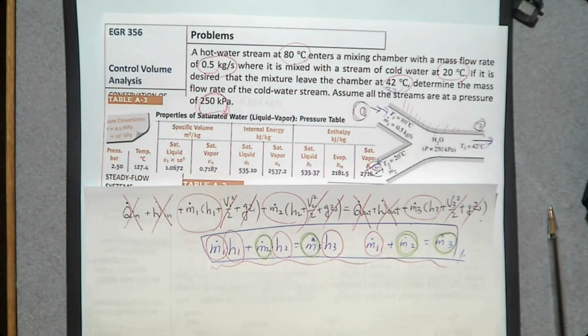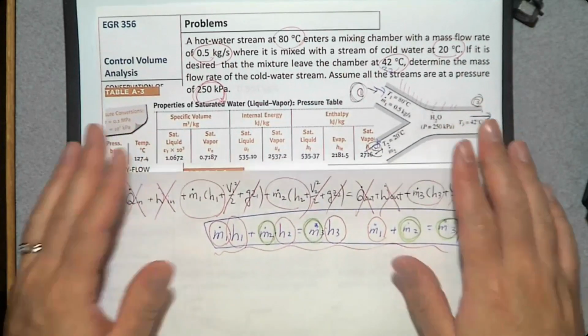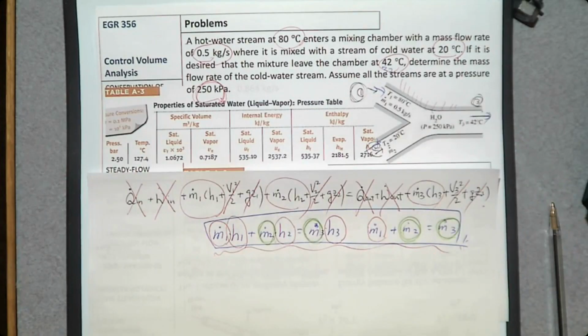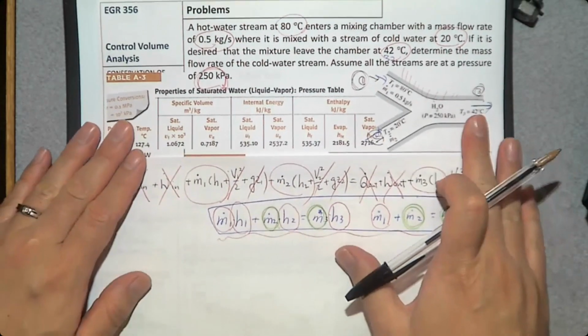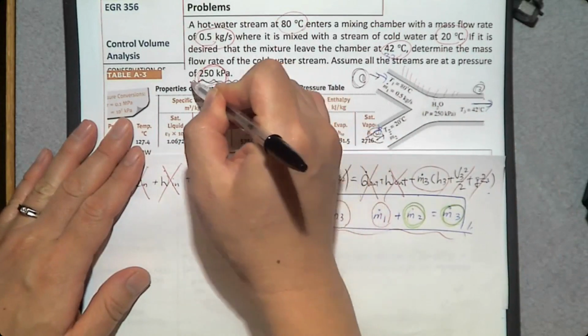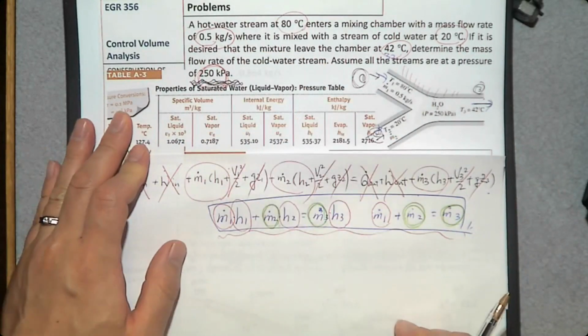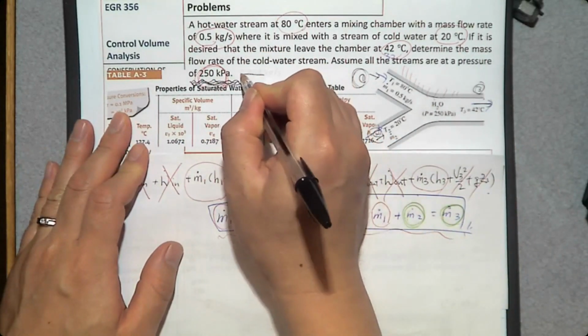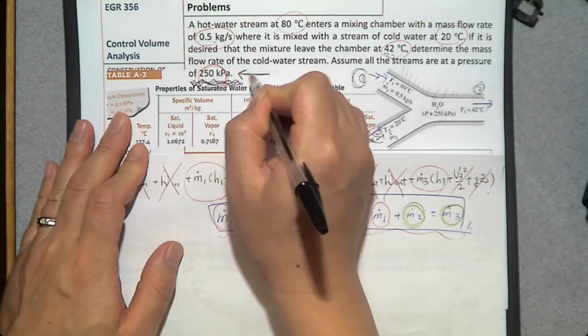So let's find H1, H2, H3. Since we have water which can undergo phase change, we need to determine the phase change process of this water. To do so, we need to make a property diagram. Since we have the same pressure, 250 kilopascal, let's use this pressure to determine the phase.